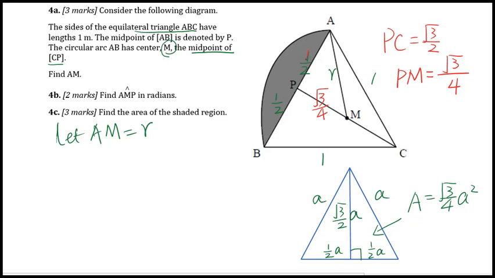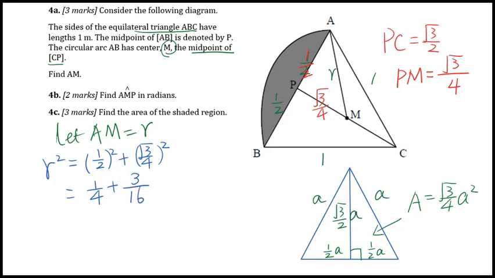For AP, we already know this is 1/2. Therefore, use the Pythagorean theorem, we can get this R. R squared equals 1/2 squared plus square root of 3 over 4 squared. So we get 1 over 4 plus square root of 3 squared is 3, 4 squared is 16.